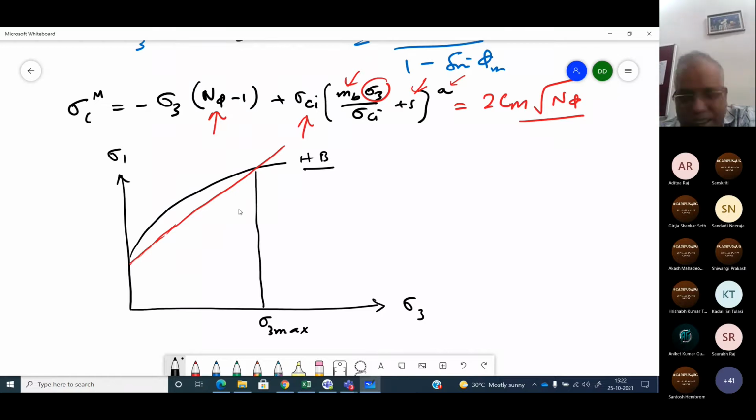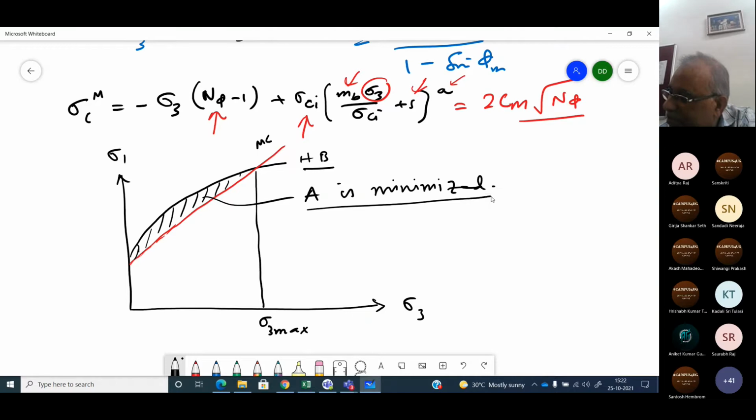Now I am looking for a line, a red line, which is the Mohr-Coulomb line, such that if I subtract the area, that means this much, this area is minimized, so that the difference between the Hoek-Brown criteria and the Mohr-Coulomb criteria is minimized.